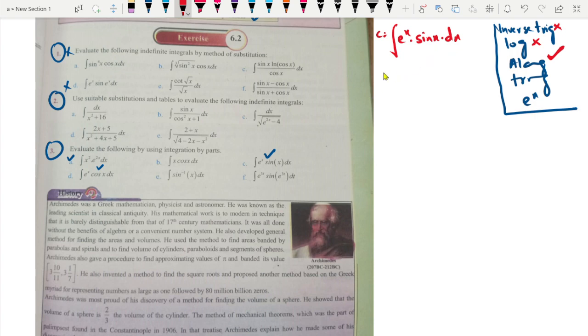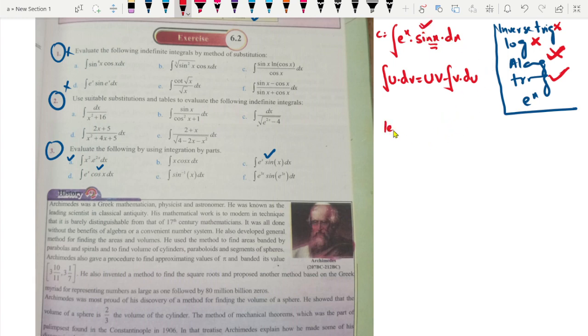Now we know that the integral of u dv is equal to u into v minus the integral of v du. So no inverse trigonometric function, no logarithmic function, no algebraic function, so a trigonometric function is present. So take it as u and take e to the power x dx as dv. Okay, I can rearrange this one.